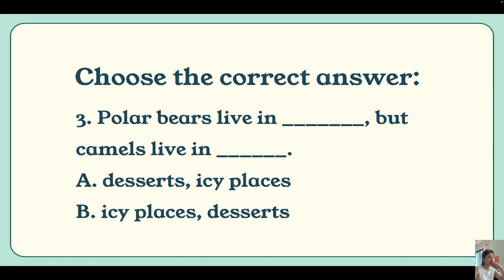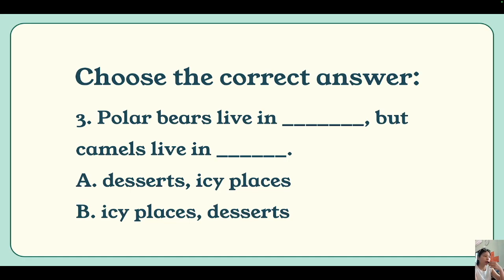Number 3, a details question. At first, I think this is not an easy question, but they did it really well. I just need to point them, and ask them some questions. Where do polar bears live?